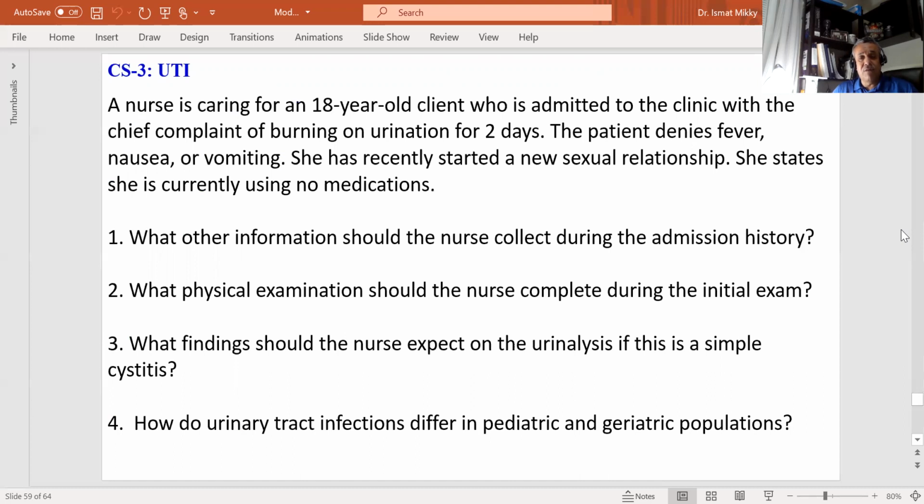The nurse should gather information about the symptom, for example, how the burning started, how severe is the symptom, is it related only to urination, or is it associated with symptoms like frequency, urgency, dysuria. So we have to ask questions about the past history of UTIs, urinary tract infections, if the patient had developed UTIs in the past.